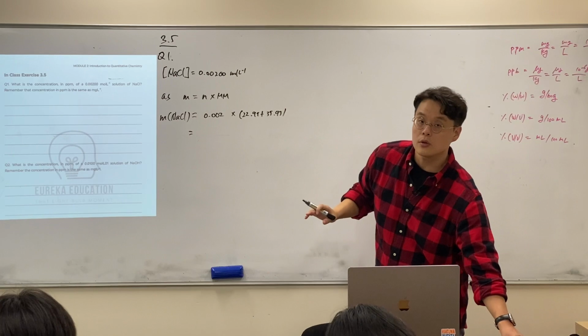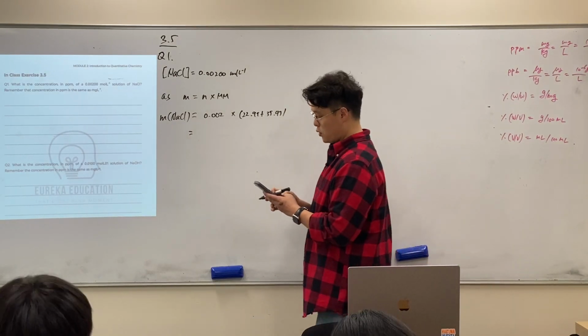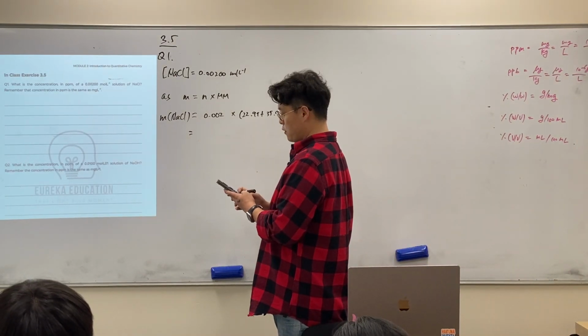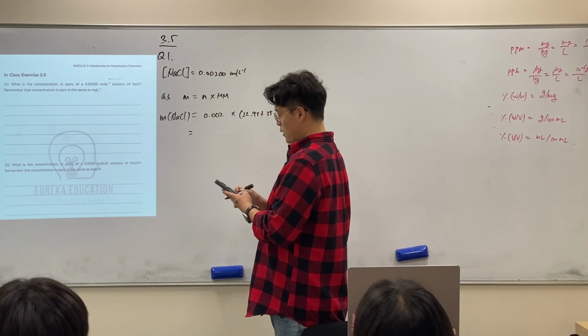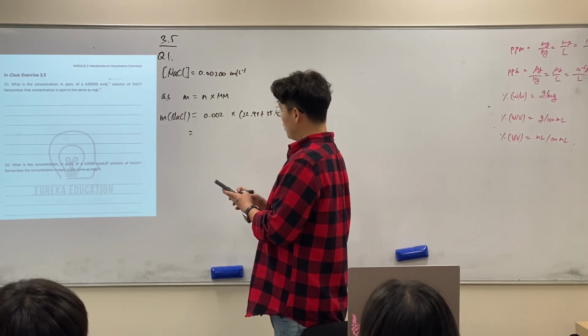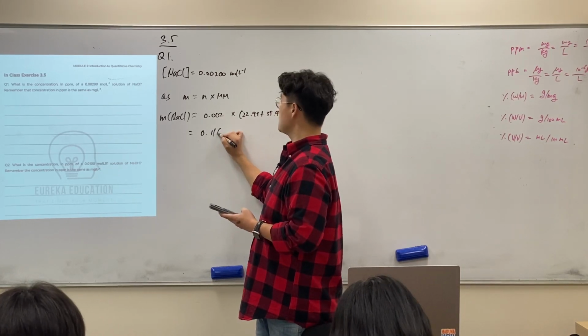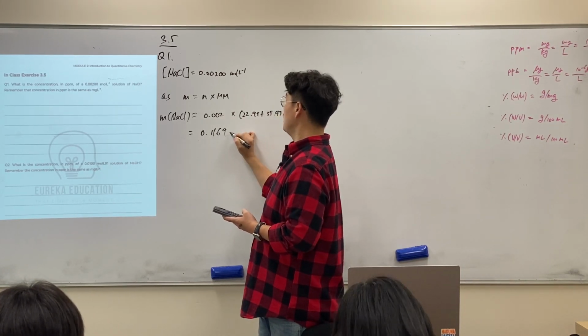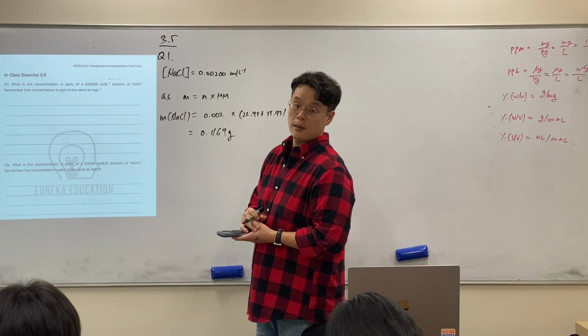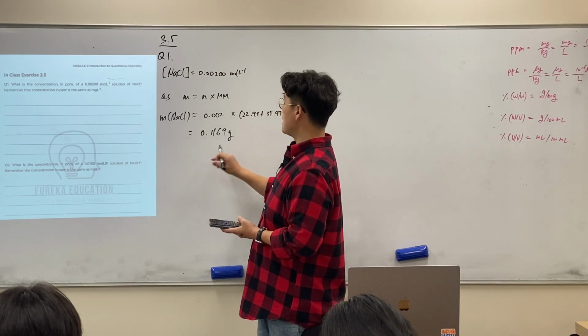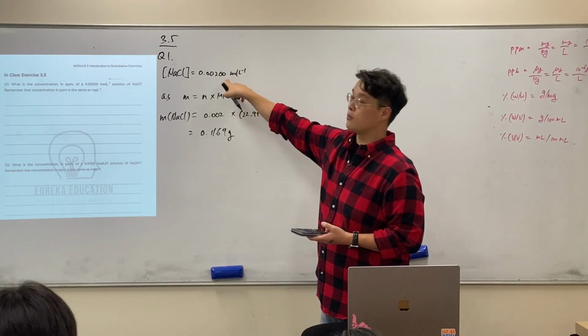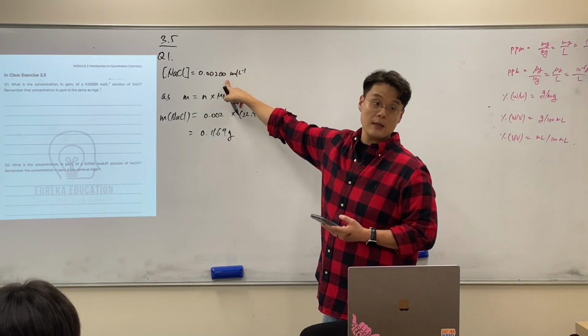Multiplying that by 0.002, you get 0.1169 grams. That means this many grams from the moles we have in 1 liter.